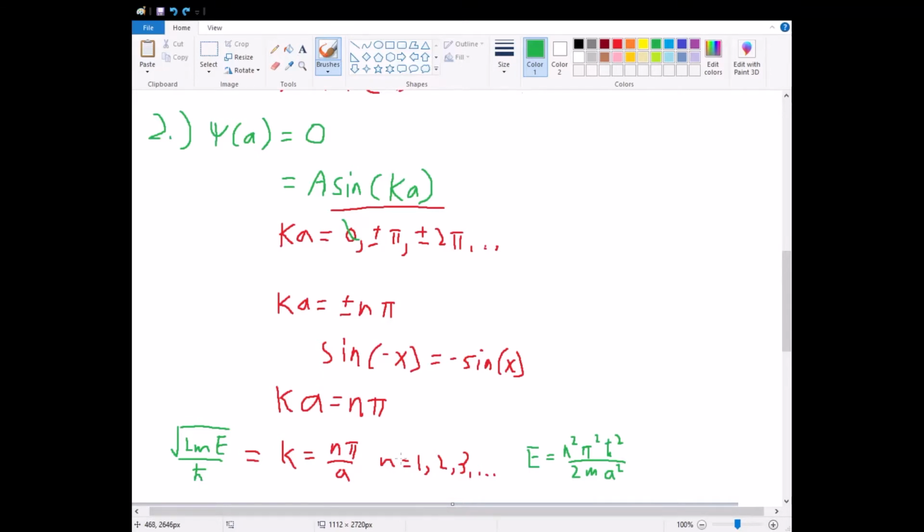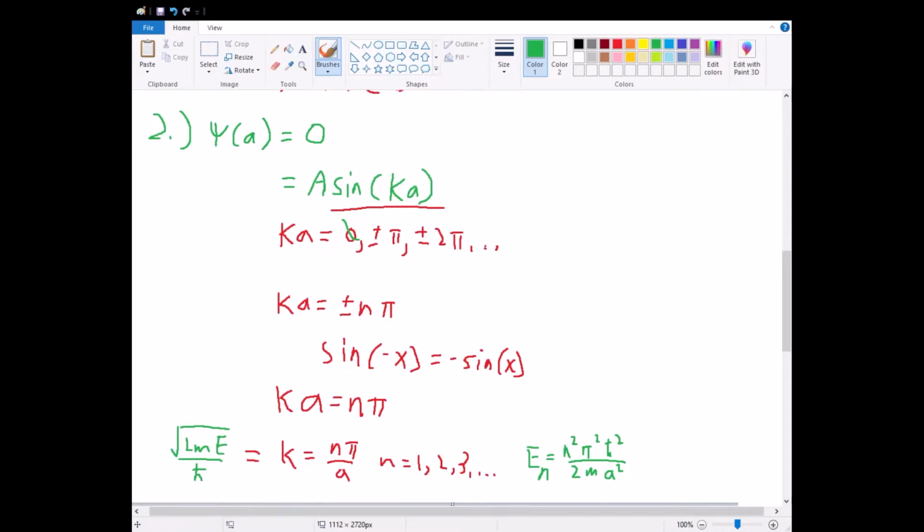And now here in 2.2, looking at our very first example of a system with some potential V, in this case an infinite square well, we are seeing mathematical proof that the energy is dictated by n, which is an integer, and because of that, E takes on multiple definite values.